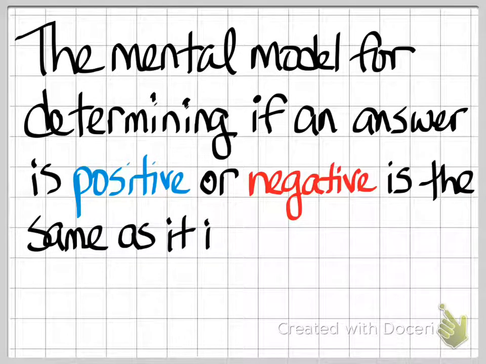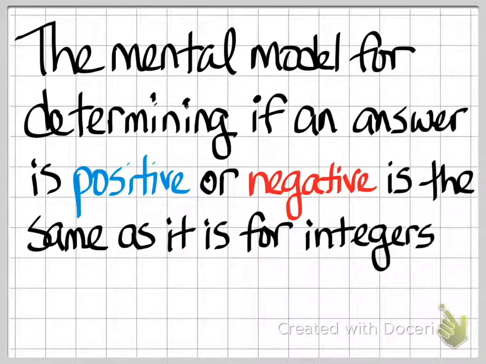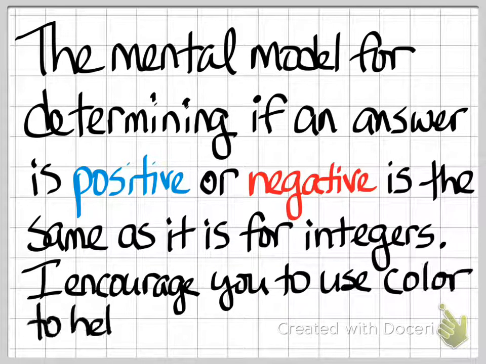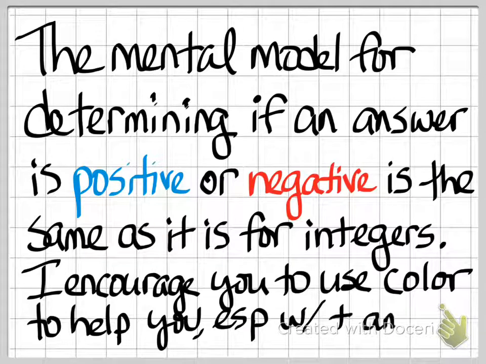I cannot emphasize that enough. This model works for adding and for subtracting. You can use the debt model that we talked about this past week. I know those of you in 7+ in the afternoon didn't get that. I'm going to go over that this upcoming week in class with you.